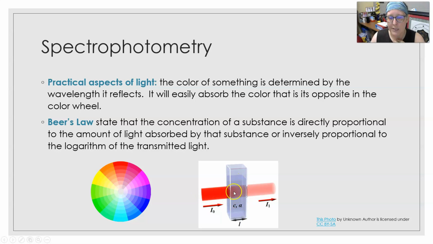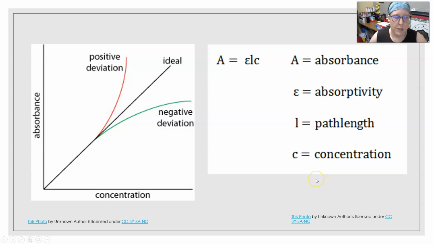Shine light through it. The more light is absorbed, and therefore the less is transmitted, the more concentrated the sample is. So it is a direct relationship. So the higher the absorbance, the higher the concentration. So we go small absorbance, small concentration, high absorbance, high concentration.